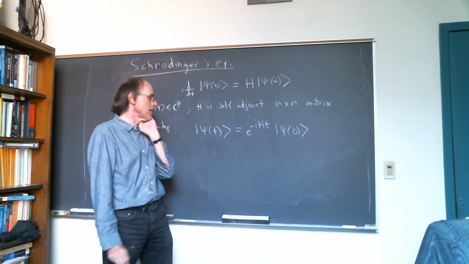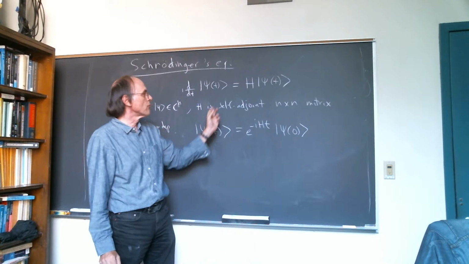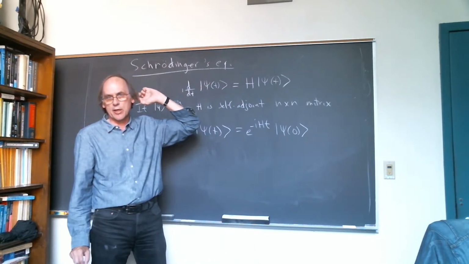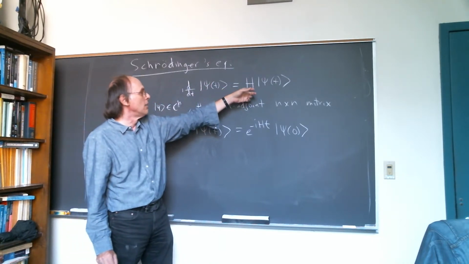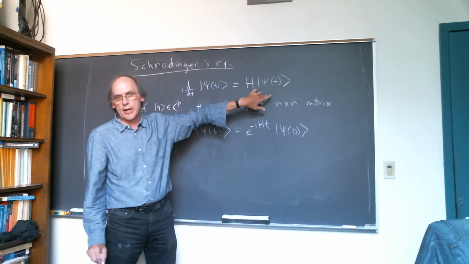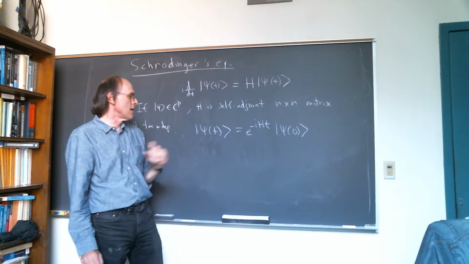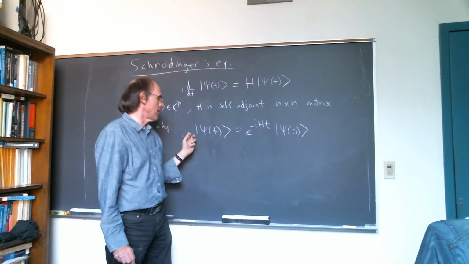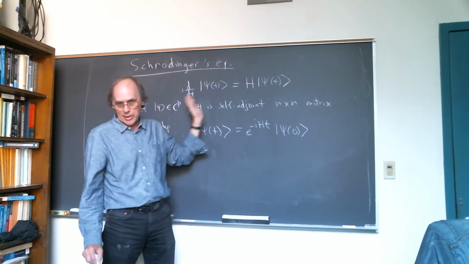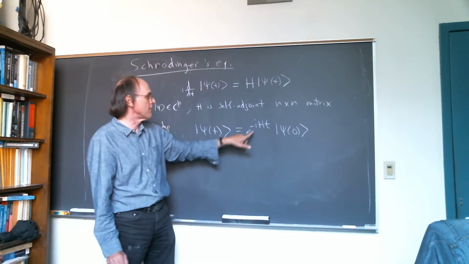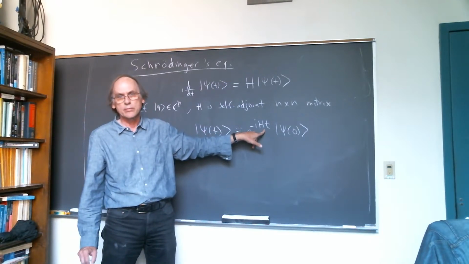Okay, so these very simple systems that we're going to start talking about, where the state space is finite dimensional and H is just some self-adjoint matrix, we can immediately solve Schrodinger's equation just by this exponentiation.